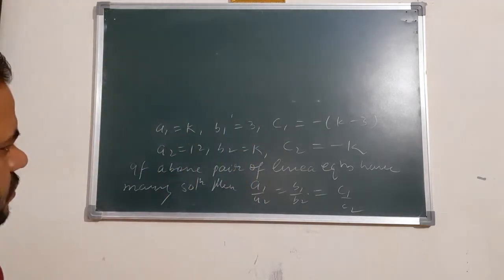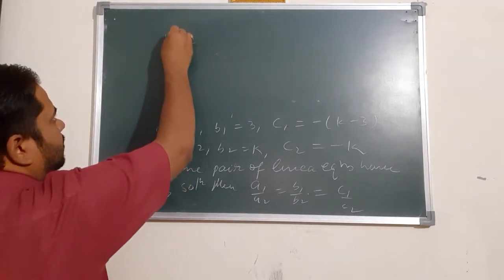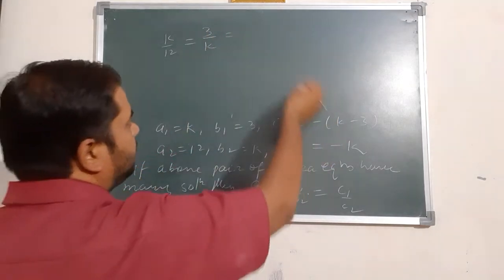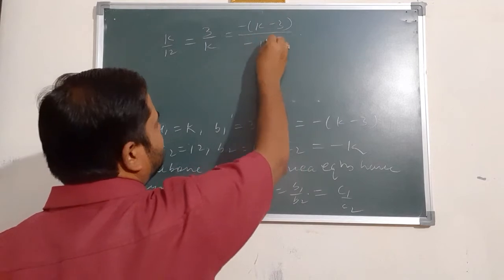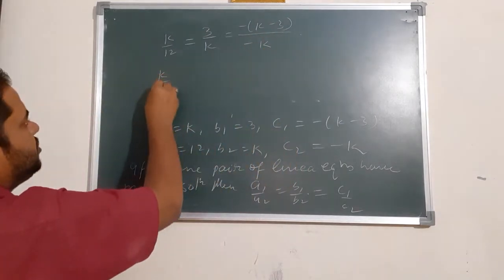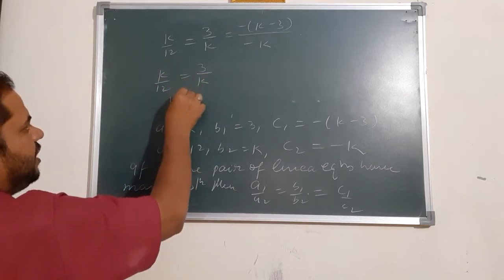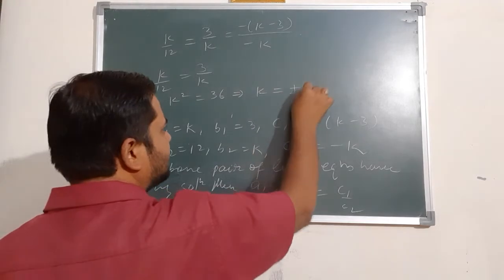Okay, so a1 upon a2, that means k upon 12, b1 upon b2 is 3 upon k, c1 upon c2 is minus (k minus 3) upon minus k. So k by 12 equals 3 by k gives k square is equal to 36, then k is equal to plus minus 6.